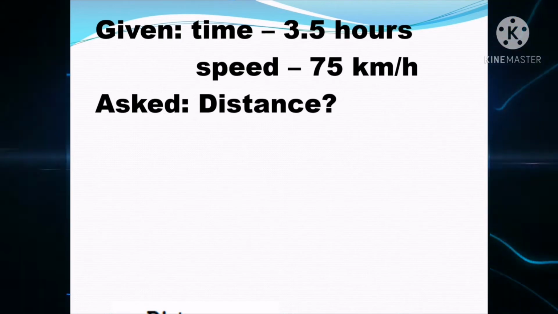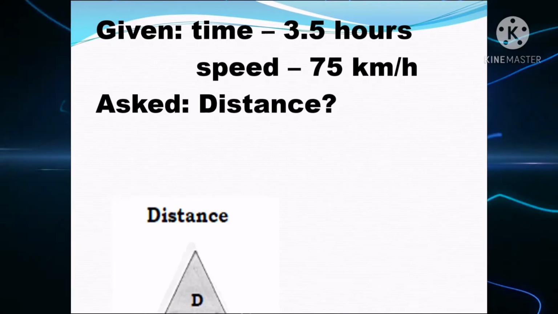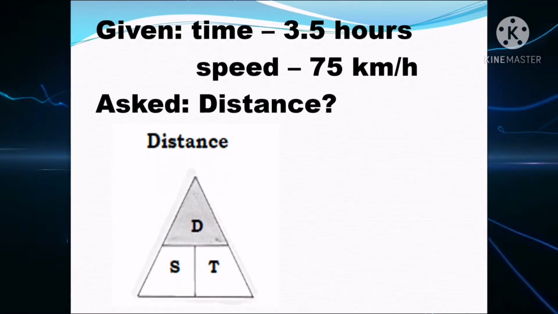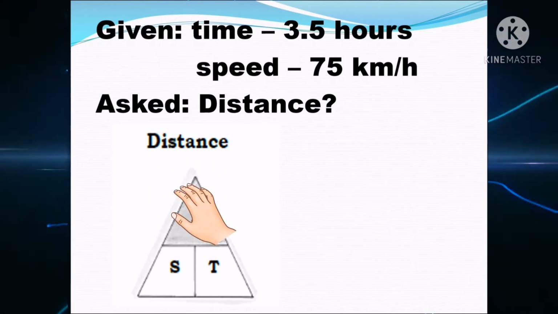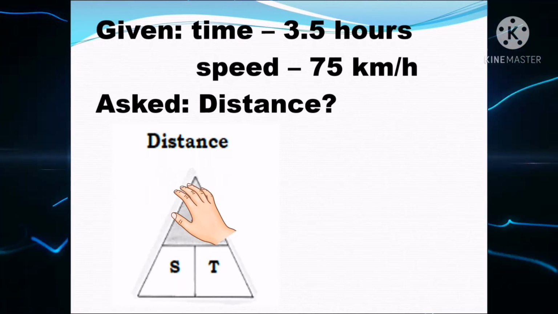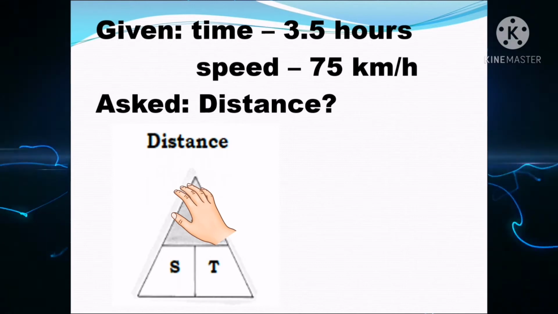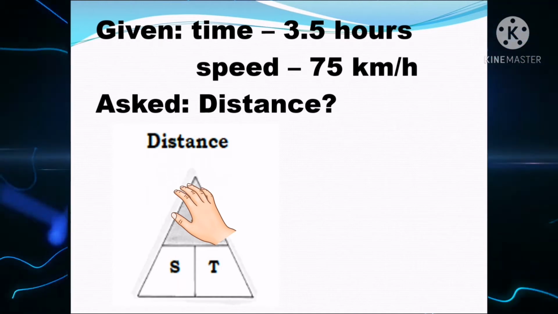To find the value of distance using the magic triangle, you just need to cover letter D with your hand. And as you can see, the remaining variables are S and T. And since they are next to each other, we have to perform multiplication as their operation.